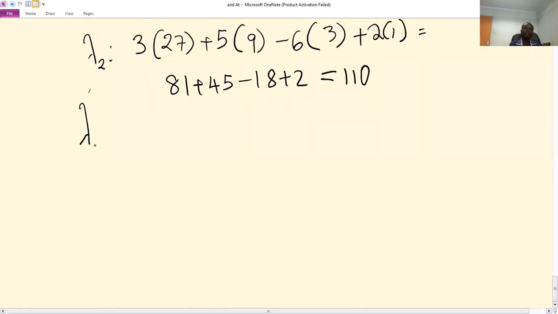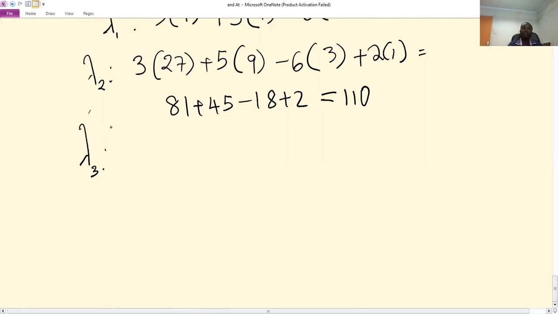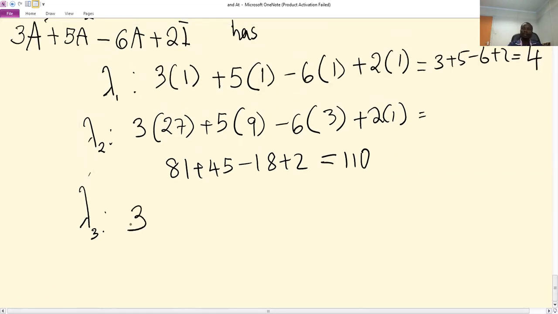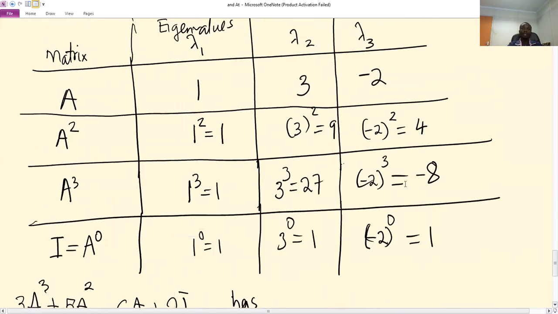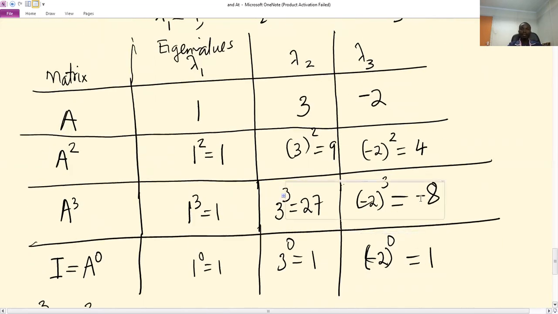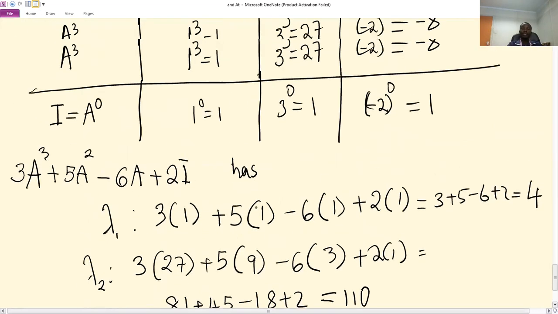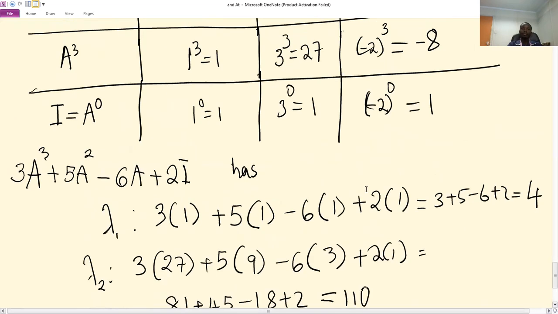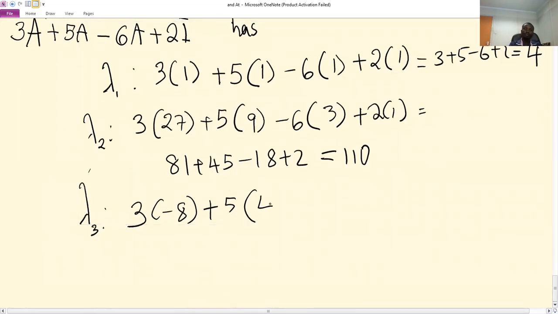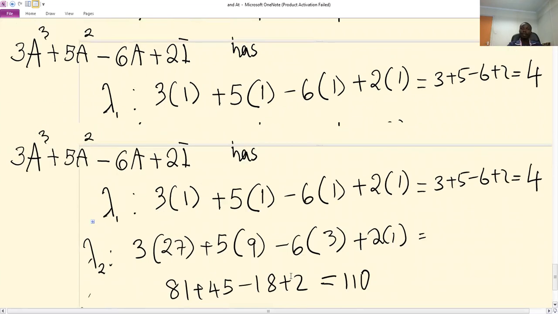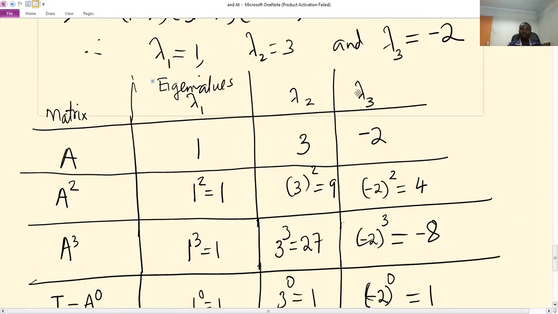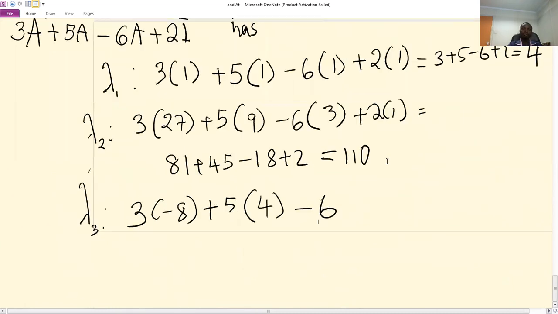And lambda 3: we have 3 times, for lambda 3 when A is raised to power 3, minus 8, plus 5 times, for lambda 3, A squared is 4, minus 6 times, for lambda 3, A is minus 2, plus 2 times 1.